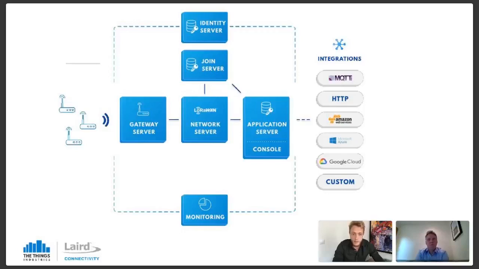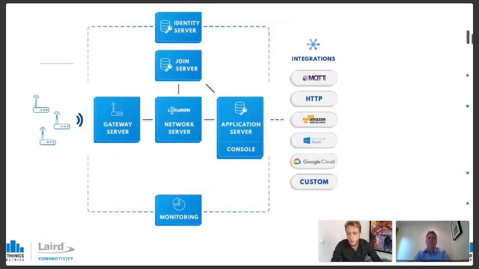Corporate authentication is supported. And then on the right, we have the integration. So that is for application developers to work with their data. Like I introduced, we support MQTT and HTTP for low-level access, but we also have integrations with the popular cloud platforms. So that's a little bit of the overview of the slide.